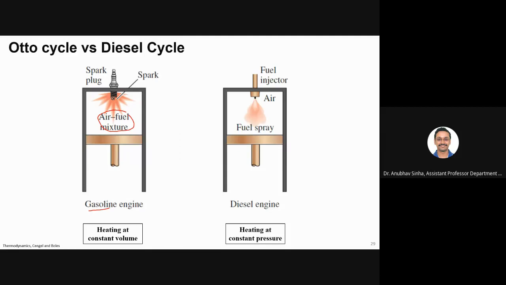This is not mixed with air, but gets added separately. Because of compression, the temperature is quite high in a diesel cycle, and when you inject fuel in that high temperature, high pressure environment, it burns itself.